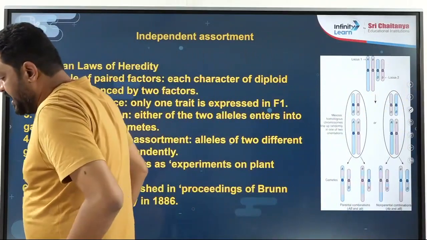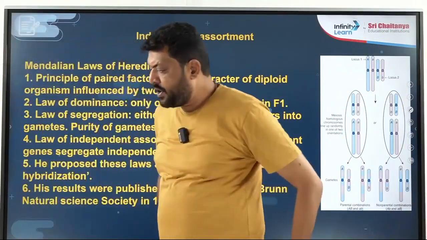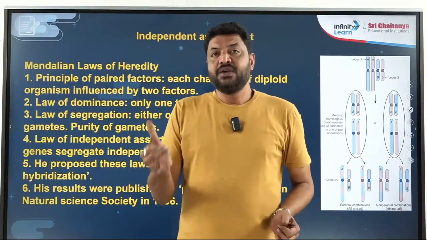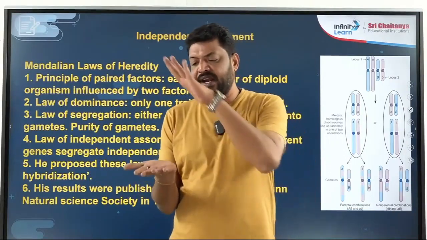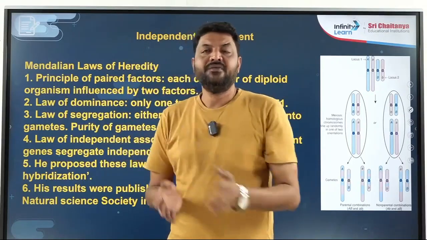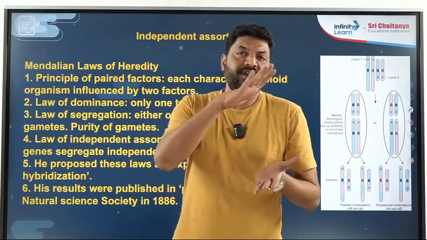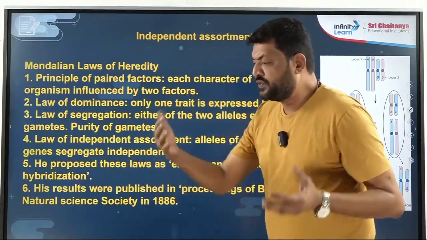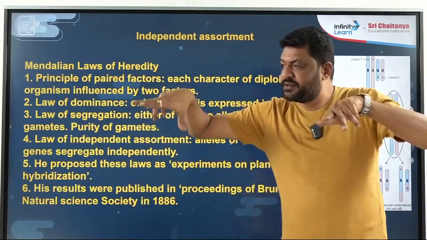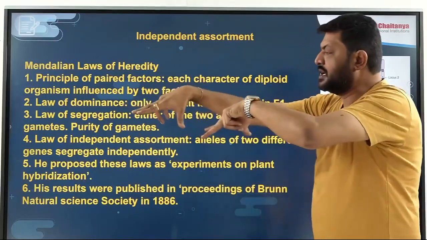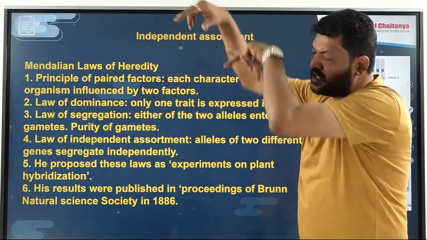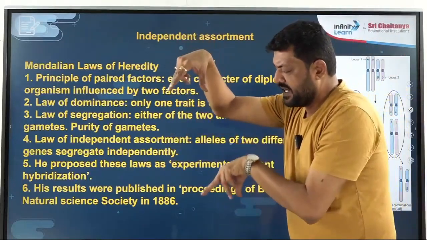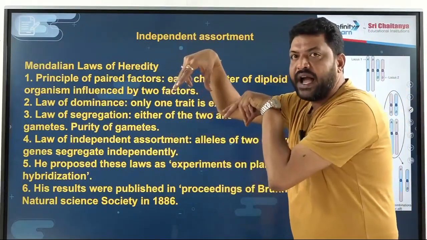I'll say it simply. You have 2 coins in 2 hands. The chance of getting head or tail in this coin will not influence the chance of getting head or tail in the other coin. Was it clear? So if 2 chromosomes are moving, this is chromosome number 1 and this is chromosome number 2, and they move to one pole, the movement of one chromosome cannot influence the movement of the other.